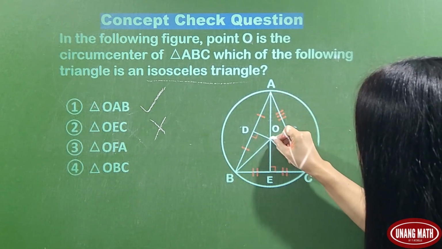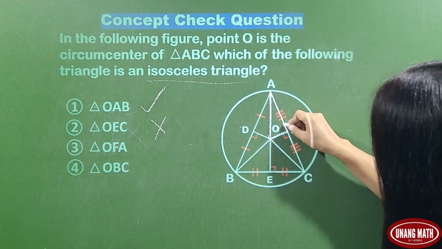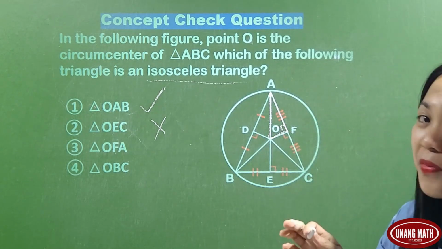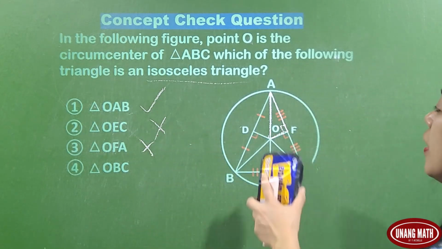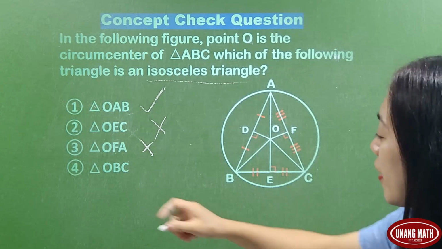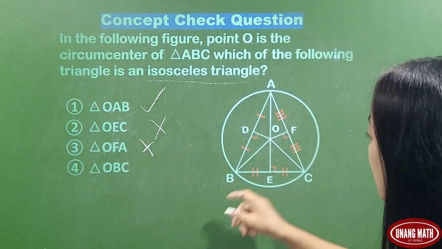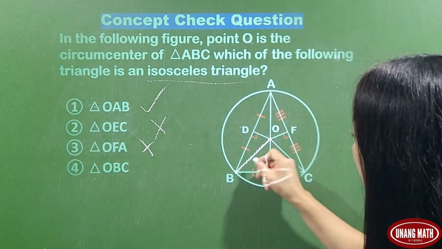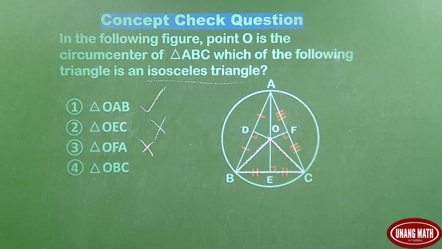This is also a right triangle, so this is not an isosceles. For the fourth option, we have triangle OBC.